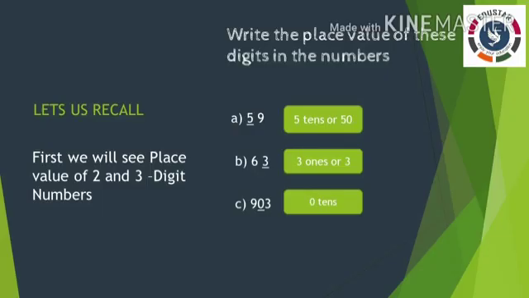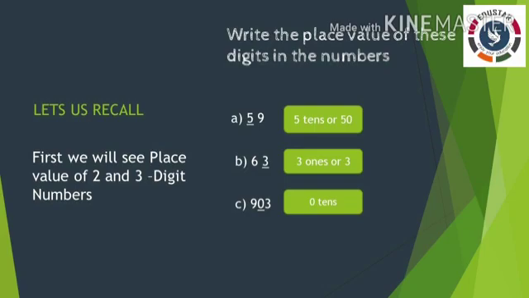Let us recall now. First we will see place value of 2 and 3 digit numbers. Shall we go to the exercise now? Okay. Write the place value of these digits in the numbers. The first question is number 59.